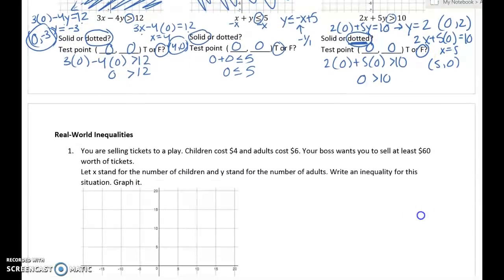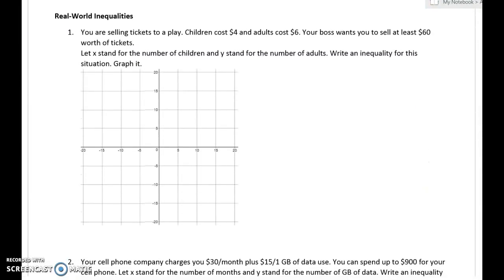Going to the next page, now we have real-world inequalities. So if you're selling tickets to a play, children cost $4 and adults cost $6. Your boss wants you to sell at least $60 worth of tickets.